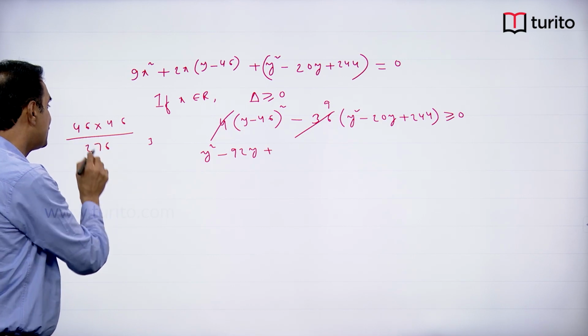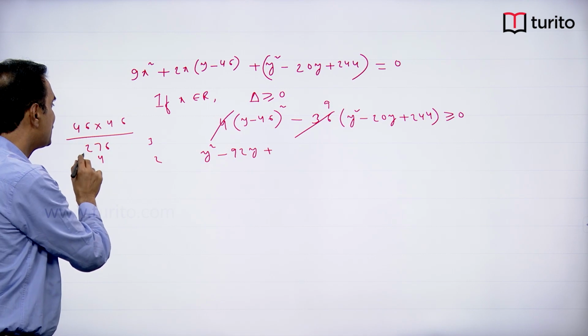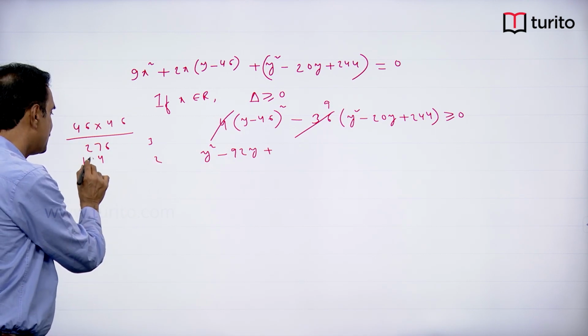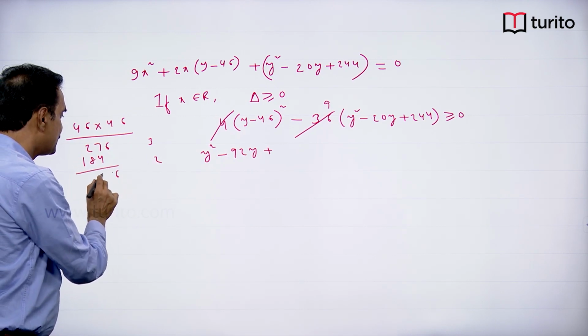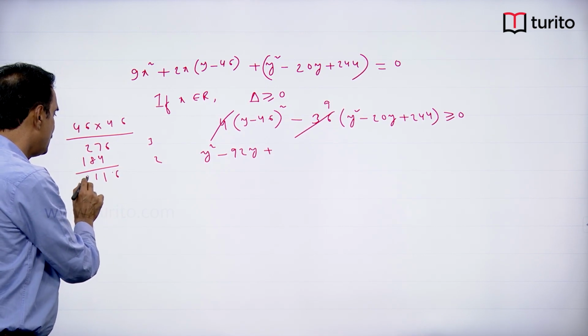Now 4 6s are 24, 2, 4 4s are 16 plus 2 18. You are getting 6, 11, again 1, 2.